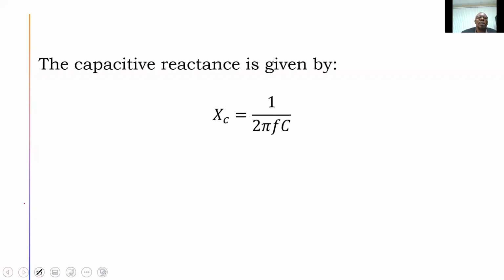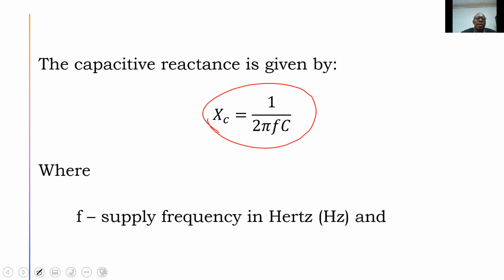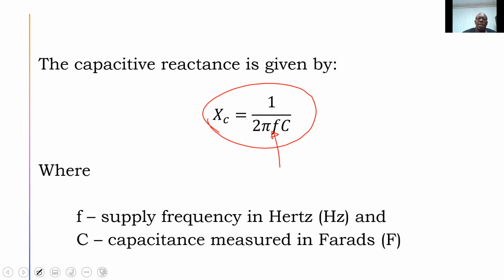This relationship is given as XC is equal to 1 over 2 pi FC, where F is the frequency of the supply and C is the capacitance of the capacitor. Of course, the frequency is measured in hertz and the capacitance in farads.